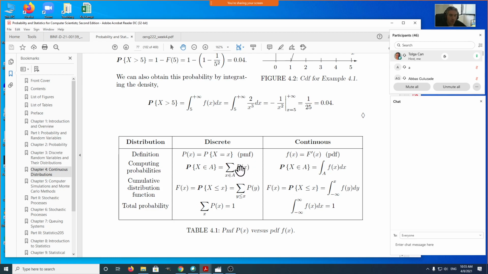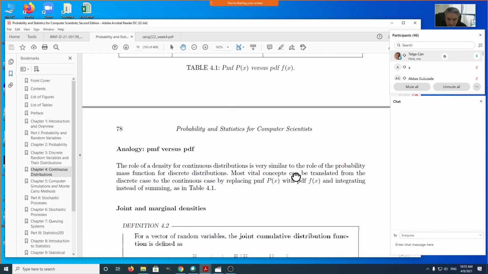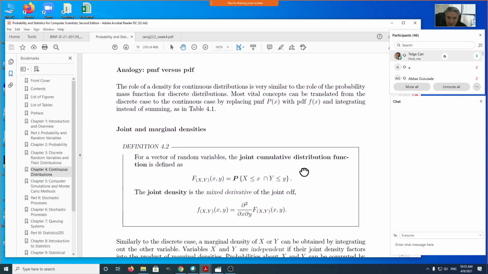Similar to that, we integrate over the area that is indicated by this event. This area may be disjoint. In that case, we need to compute and sum up those disjoint areas. So this is the CDF definition, and this is the total probability. These are the relationships between PMF and PDF.